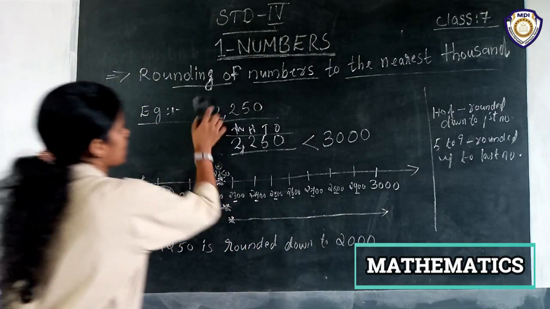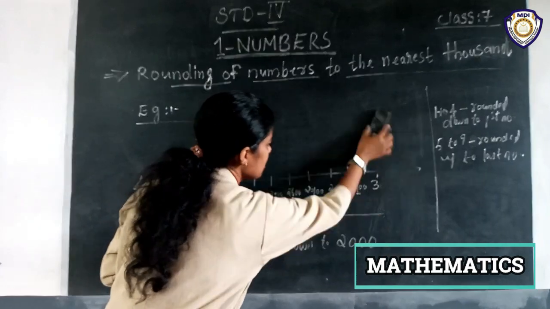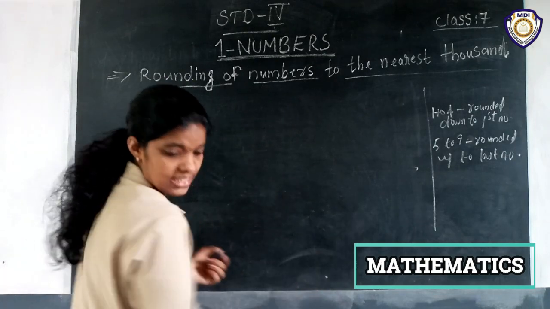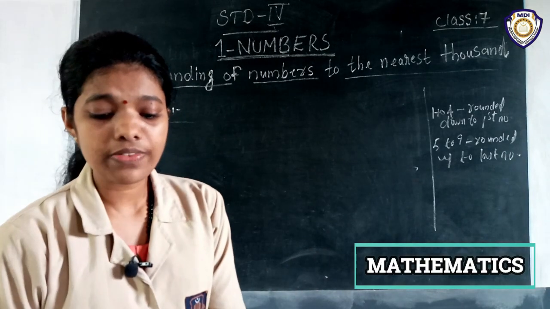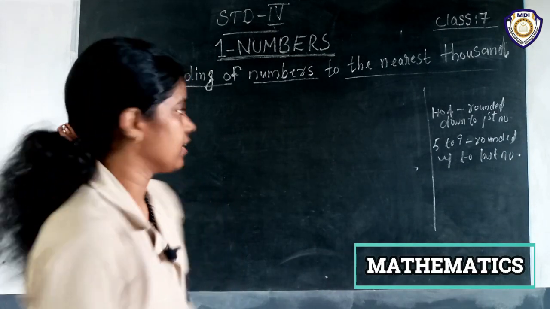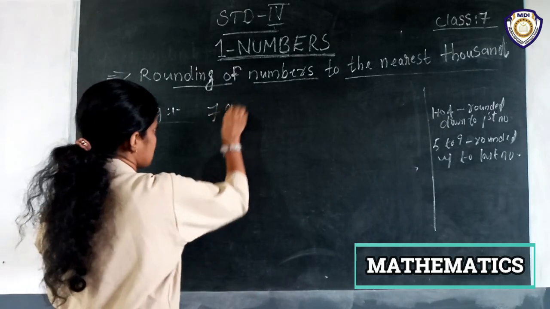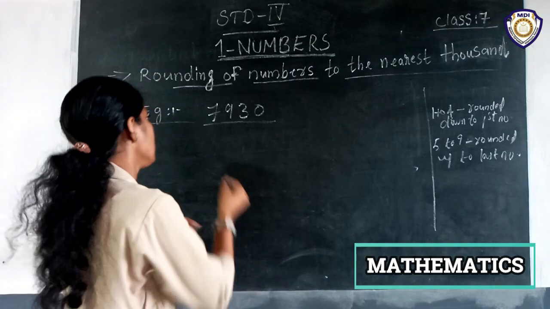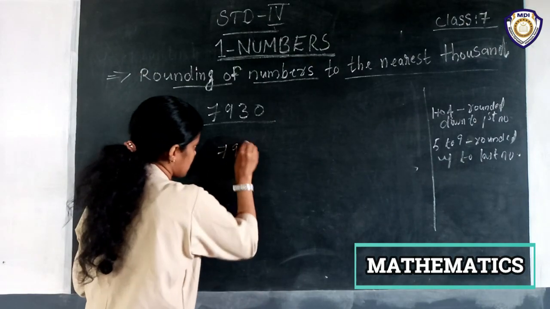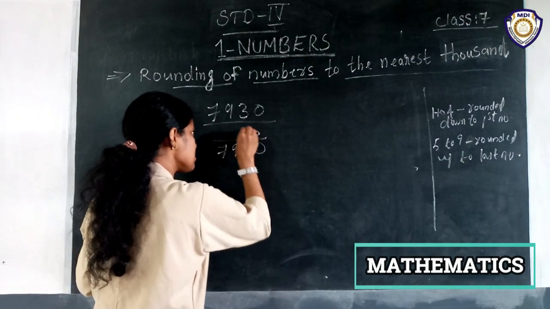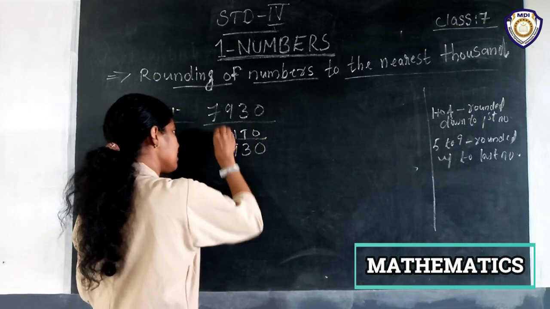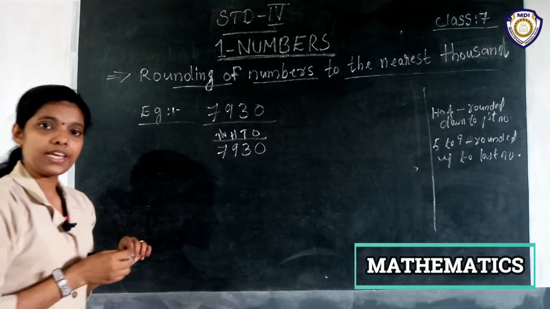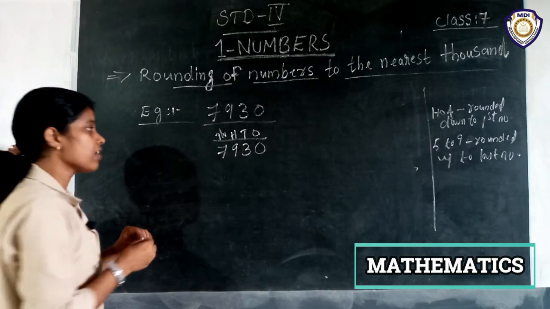Our next example. Example 2. Round off 7930 to the nearest thousand. 7930. Ones, tens, hundreds and thousands. 7 is in the thousands place.